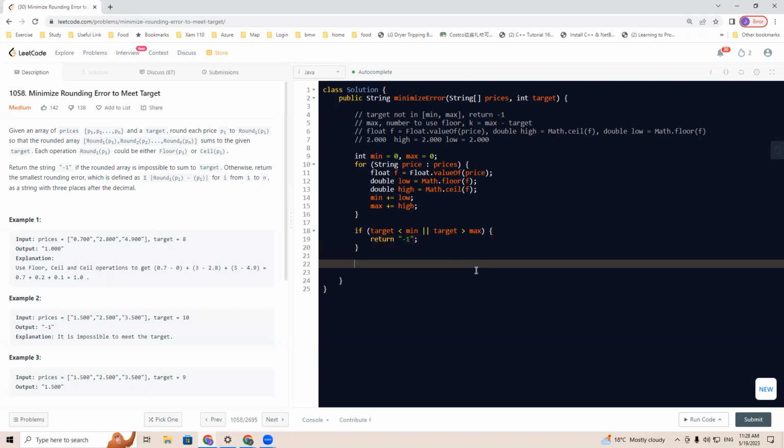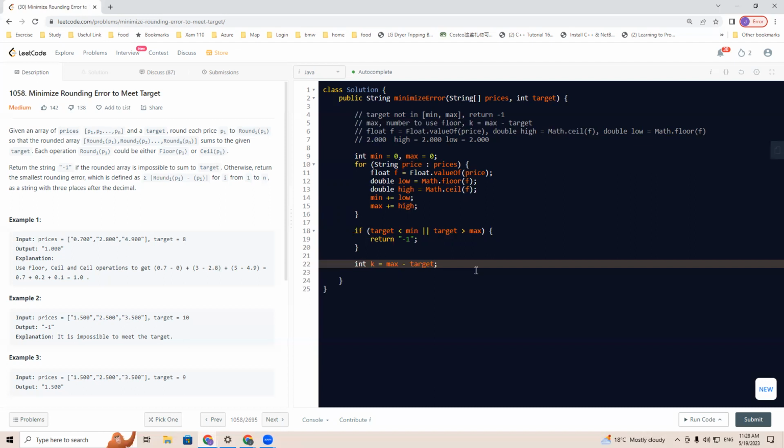The second condition is how many numbers we should floor. We'll use k equals max minus target. We'll floor that number of prices to get the target.